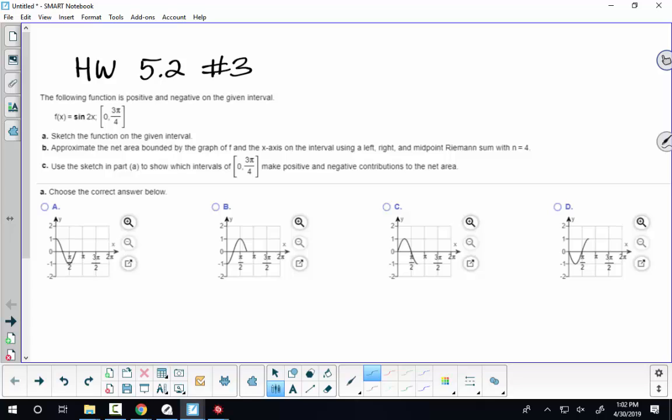Okay, so we're given the function sine 2x on the interval from 0 to 3 pi over 4. Part B says approximate the net area bound by the function and the x-axis on the interval using left, right, and midpoint Riemann sums with n equal to 4.